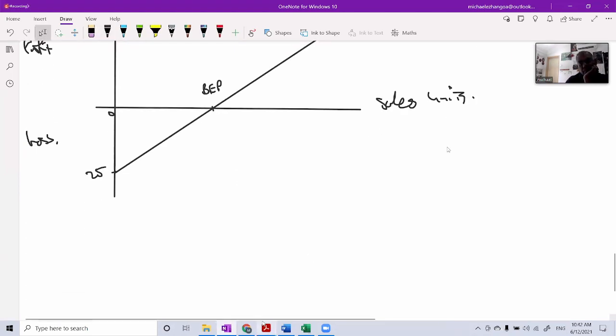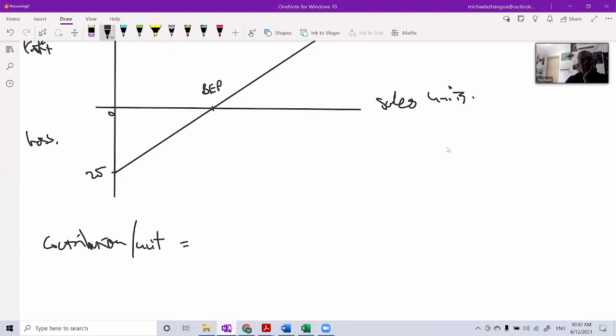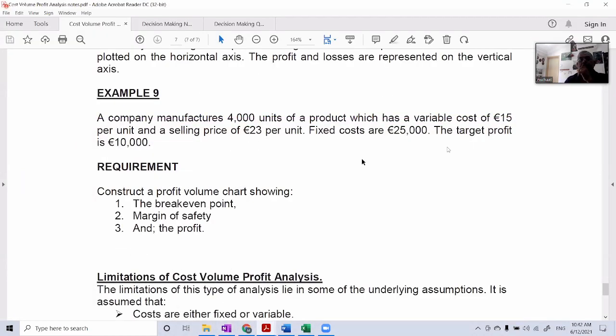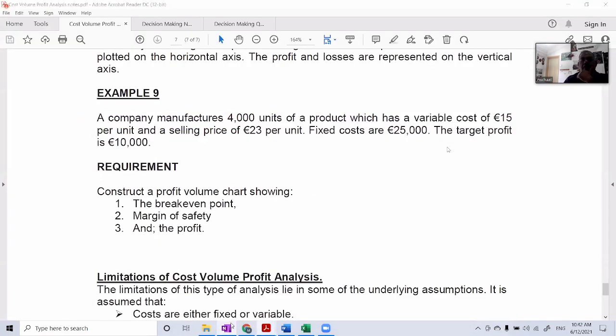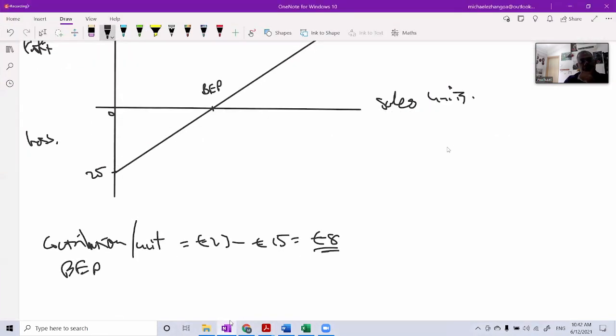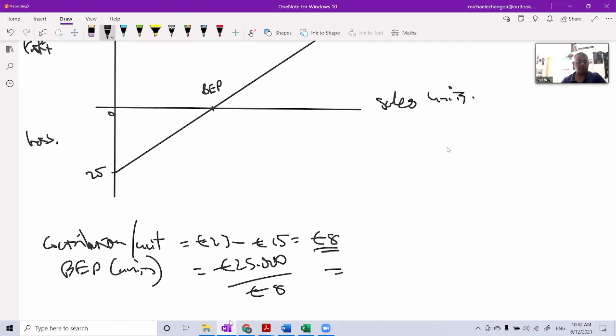Contribution per unit will be 23 minus 15, that will be 8. Fixed cost 25,000, so break-even point in units is 25,000 over 8. 25,000 divided by 8 is 3,125.